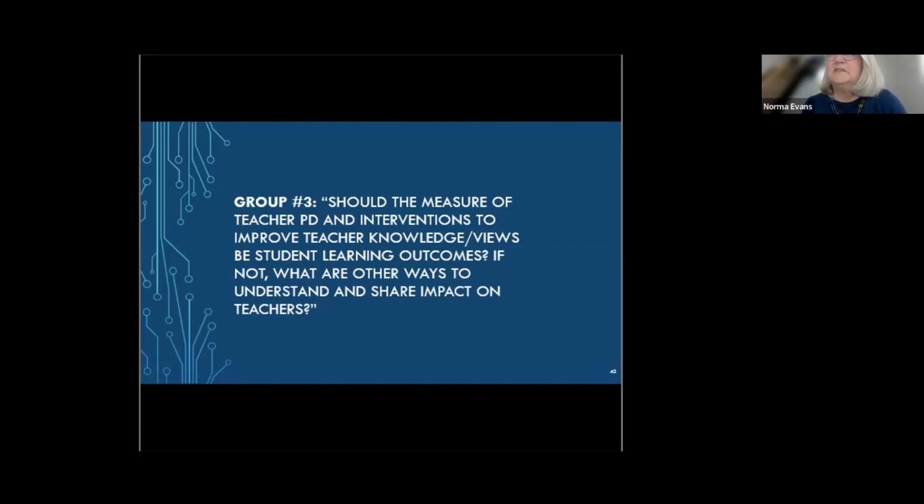We talked about the difficulty of measuring application in the classroom, and the difficulty of really designing an easy-to-use tool that gets at those nuances, so that we get an accurate picture of whether these qualitative changes we want to see in the classroom are actually there. And we have some colleagues who are working on those tools to see if they can come up with something that's easy to use.